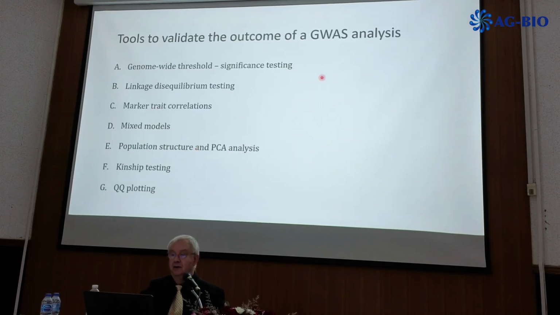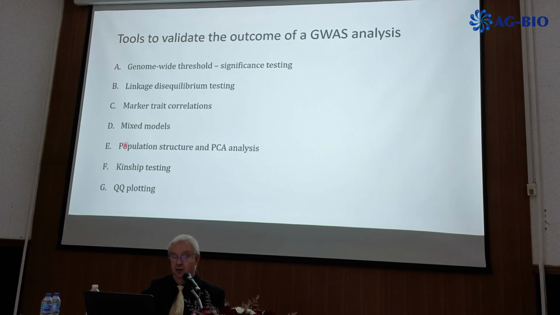That is why in the GWAS analysis you have a large number of statistical tools that I'm going to explain to you just briefly to give you an idea what is important. The genome-wide significance threshold, the permutation that I mentioned before. Linkage disequilibrium that is going to be tested, the marker-trait correlation, the mixed models, I will mention that very briefly, the population structure, and the PCA, the principal component analysis.